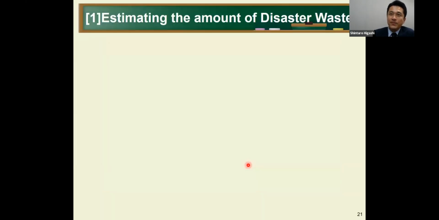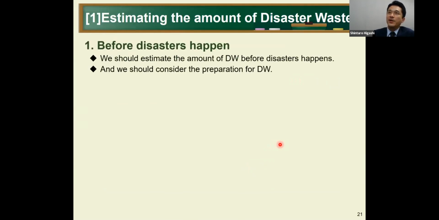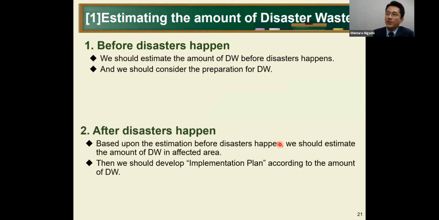So at first, I'd like to show the basic importance of estimating the amount of disaster waste. Before disaster happens, we should estimate the amount of disaster waste, because based upon that amount, which might be huge, we should consider the preparation for disaster waste. And after disaster happens, based upon the estimation, we should estimate the amount of disaster waste in the affected area.